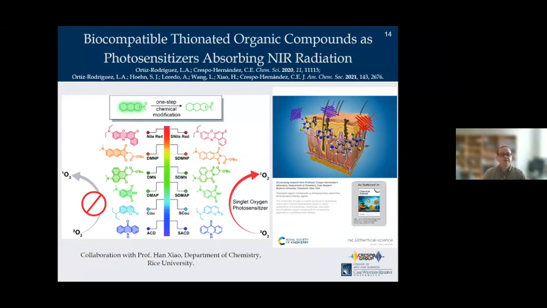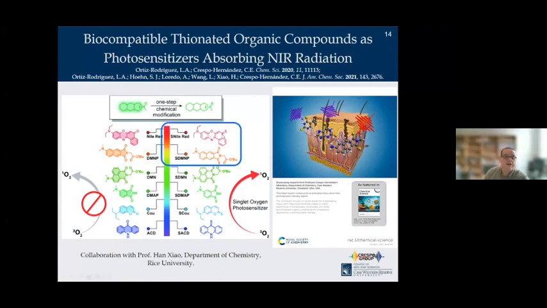And so we recently, in collaboration with Han Xiao from Rice University, decided to see if we can generalize the photochemistry of this thionation process. We generated this family of thionated compounds that absorb all the way from the visible to the infrared.